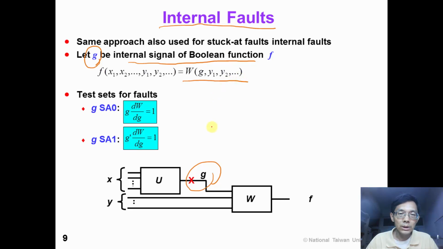If we want to detect the stuck-at fault at the internal signal G, the conditions are the same. To detect G stuck at 0, we will need G times the Boolean difference dw dg equal to 1. If we want to detect G stuck at 1, we will need G prime times the Boolean difference equal to 1.